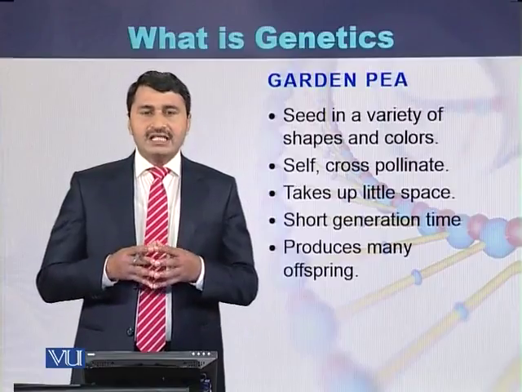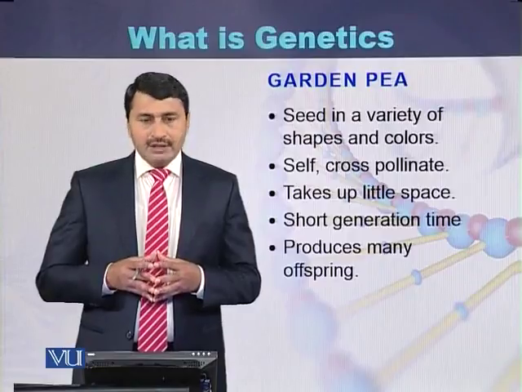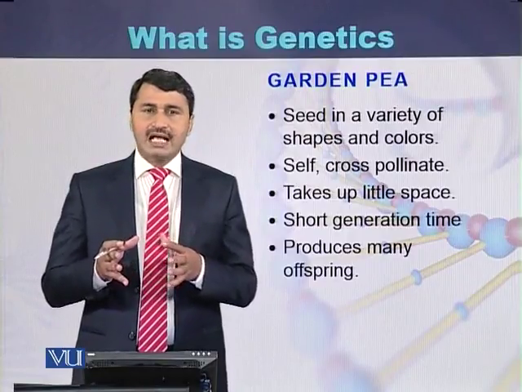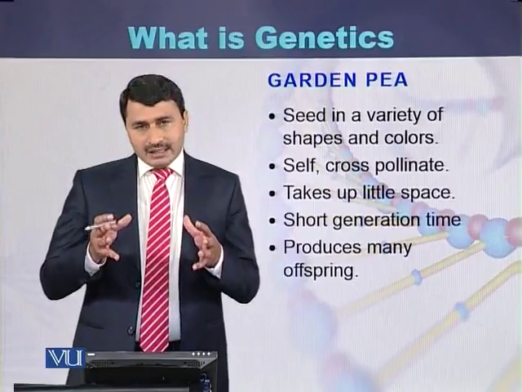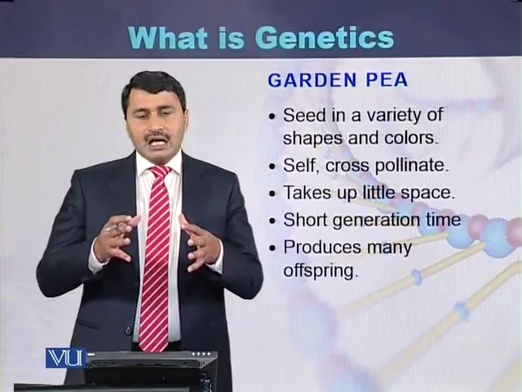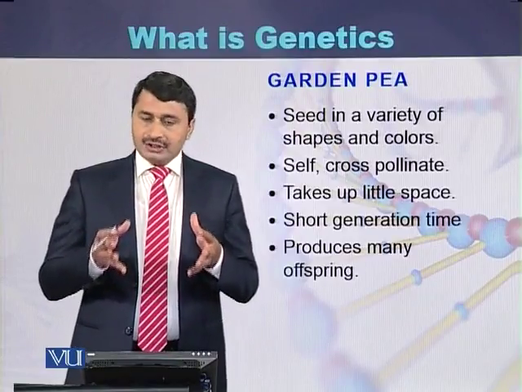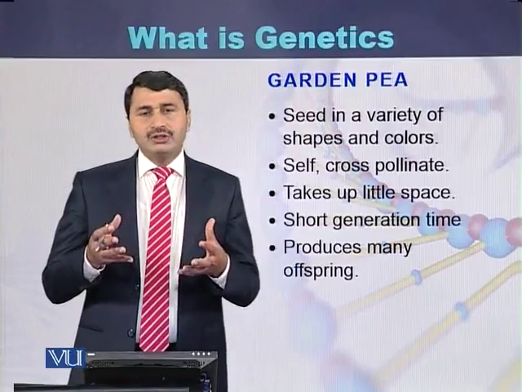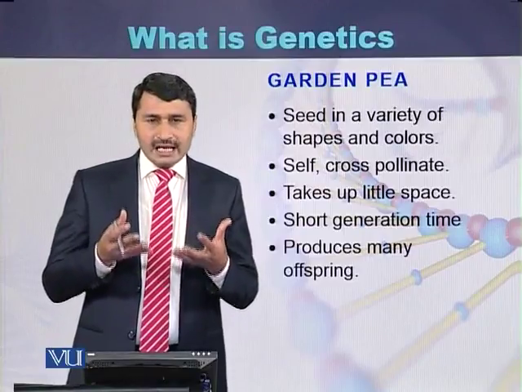The seed of the garden pea is available in many varieties. Usually this plant self-pollinates as well as cross-pollinates. This plant takes little space, meaning one can grow it within a small space. This plant has a short generation time, meaning within 2 to 3 months one can grow it and get the seeds.